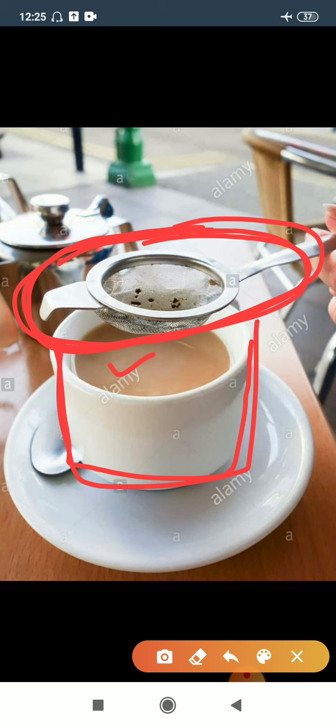This strainer is used for stopping solid impurities from entering the cup. You can see here this tea is in liquid form, but the tea leaves are in solid form. आपने कभी किसी को टी लीव्स के साथ चाय पीते हुए देखा है?